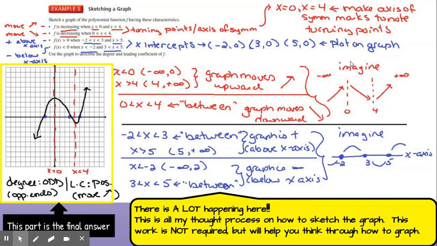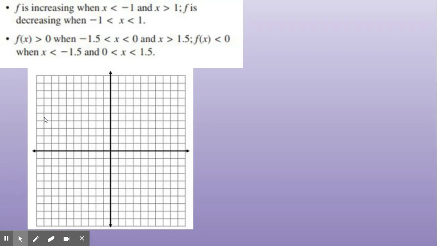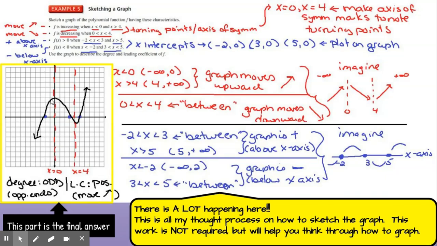Once I have these two things imagined in my head, I can get the flow of my graph. I know on the negative infinity side, I am going in an upward motion and I'm starting underneath my x-axis. So that's here. I continue up, I hit -2, and then I end up being positive. I'm in the positive range. Once I hit that axis, I change directions.